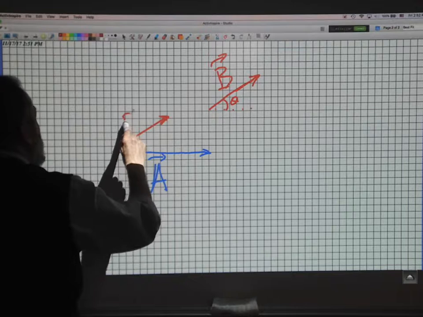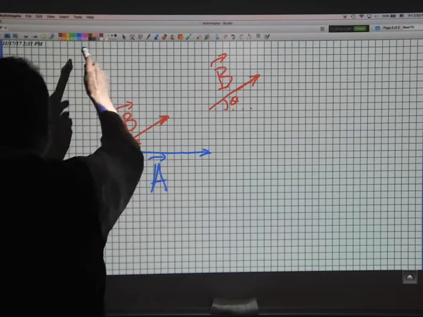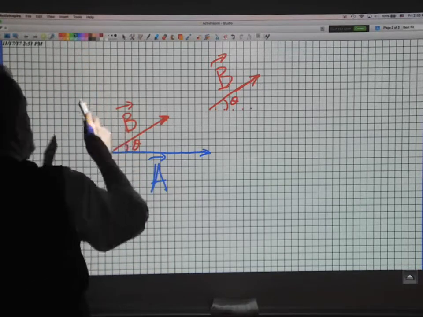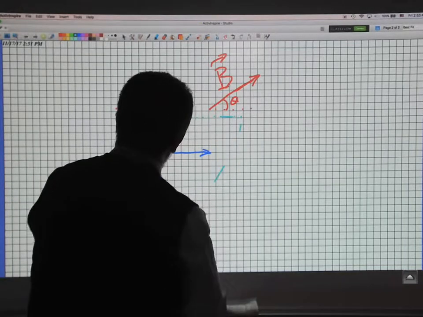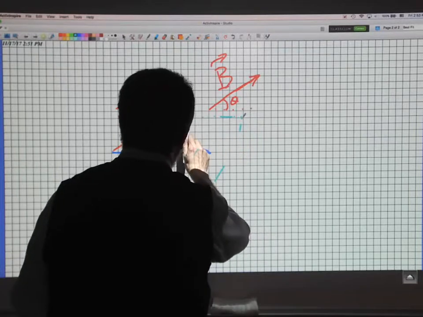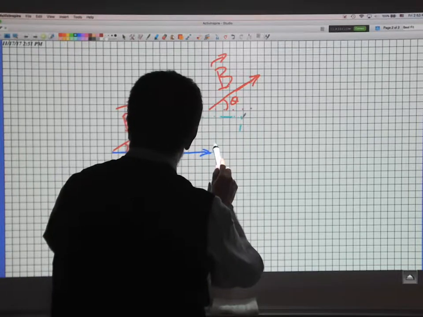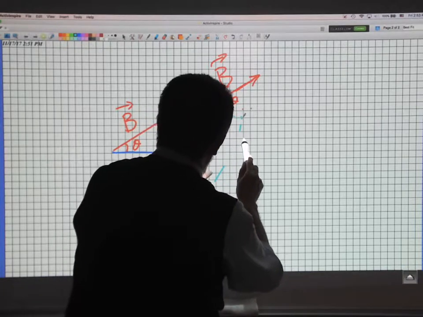So the question that would arise is, how do you add these two using the idea of the parallelogram method? Well, the suggestion is that you have a parallelogram. Therefore, I am going to have a parallelogram. That means this. I'm supposed to go 1, 2, 3, 4, 5, 6, 7, 8, 9, 10, 11, 12, 13, 14.